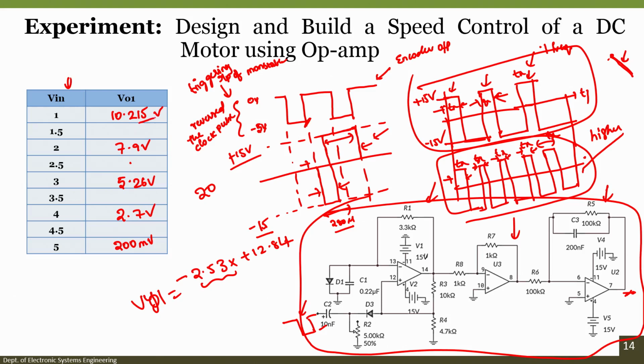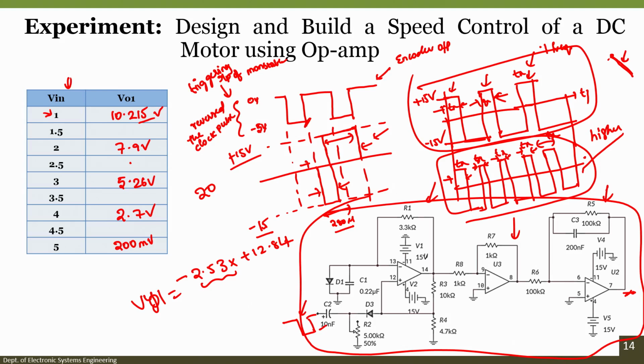Since the mapping factor of the encoder output is not equivalent to the set point mapping factor, we designed another signal conditioning circuit to make it equal to the set point mapping factor. That means when the set point is 1 volt, if the motor is rotating at that particular RPM, the output of the sensor should also give us 1 volt, right?